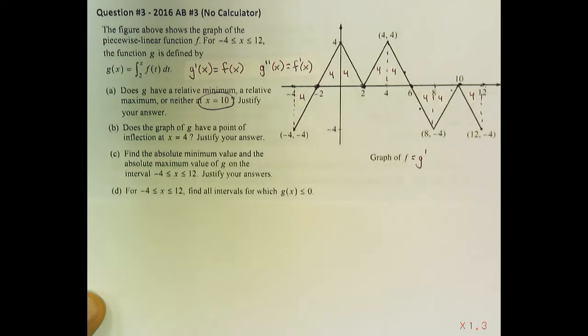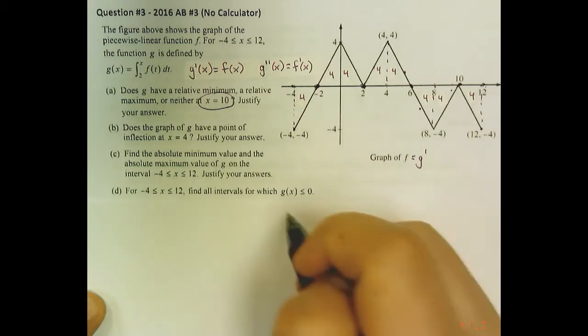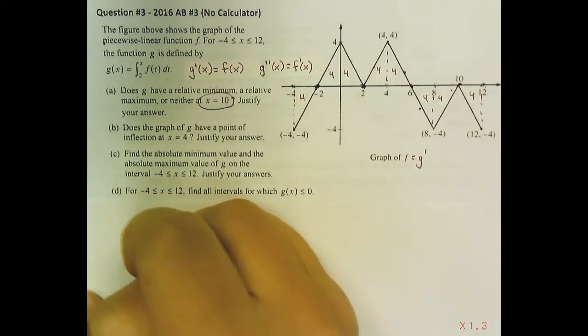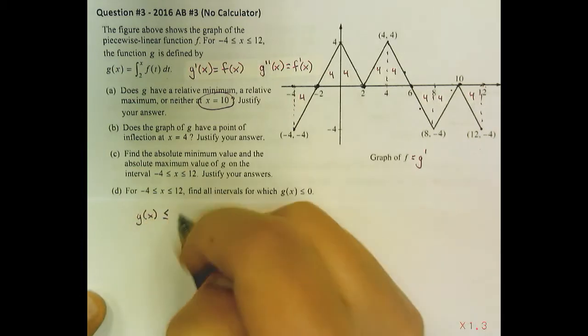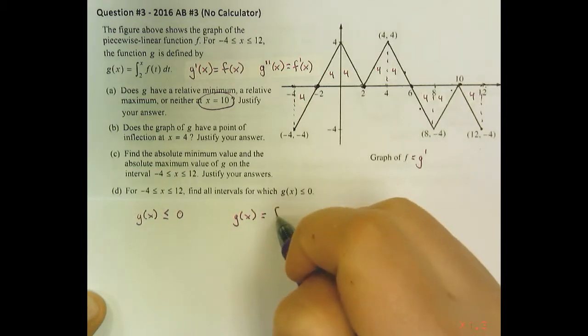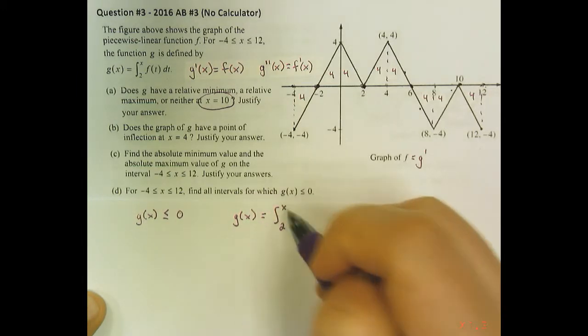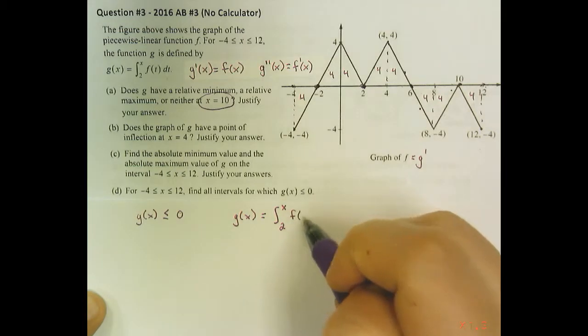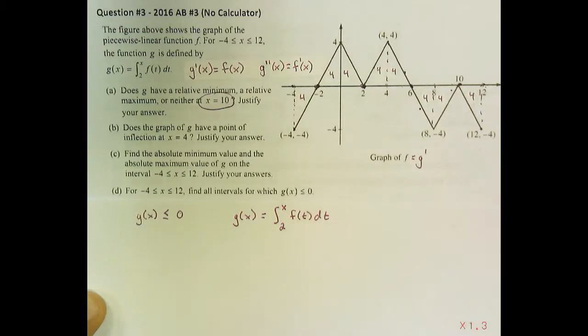And finally, let's look at part D. Part D is asking us for where g of x is less than or equal to 0. And we should recall that g of x is the accumulation from 2 to an x value of the function expressed in the graph.